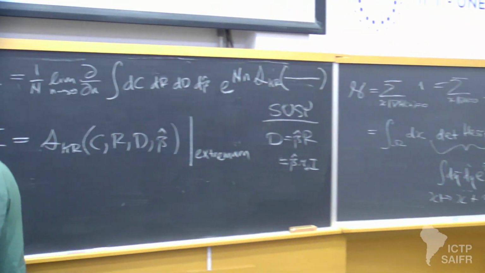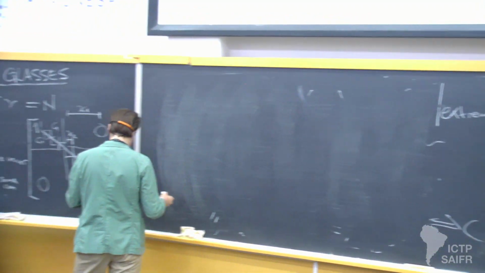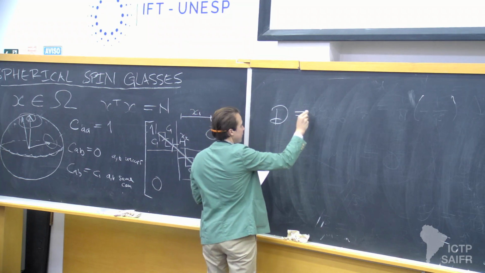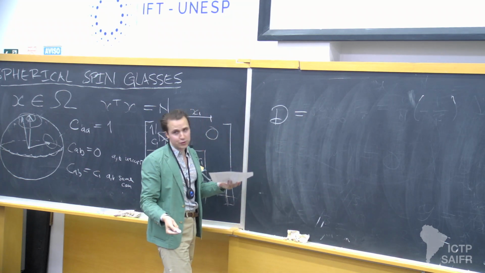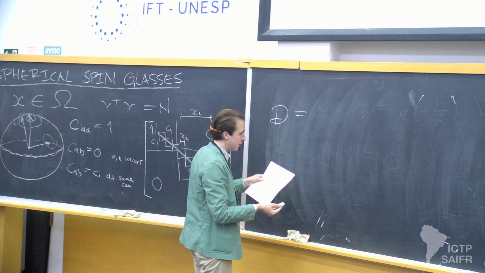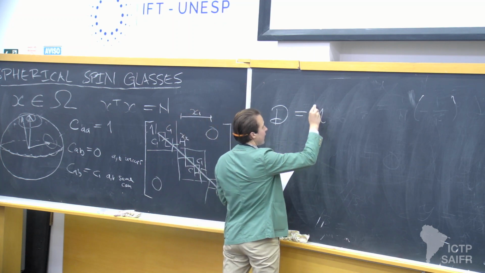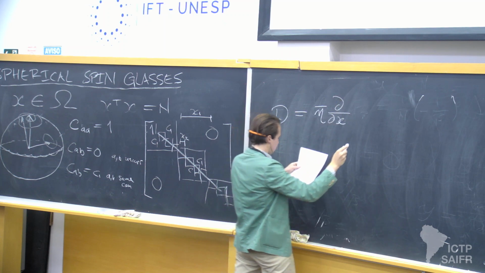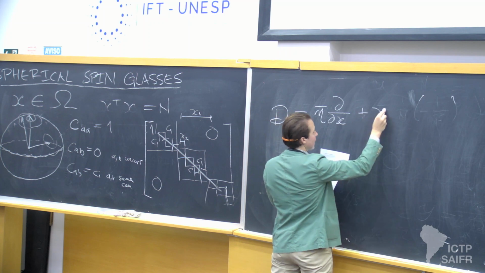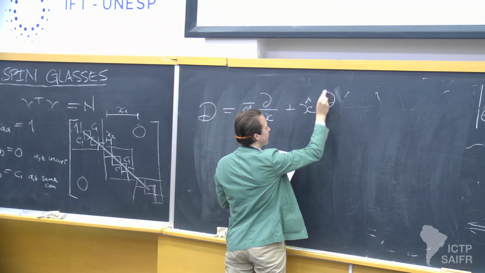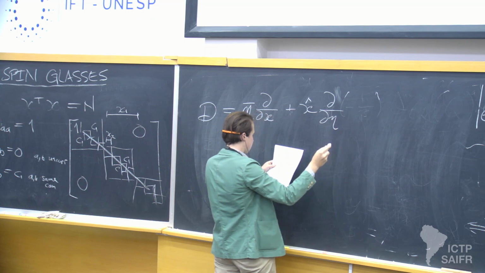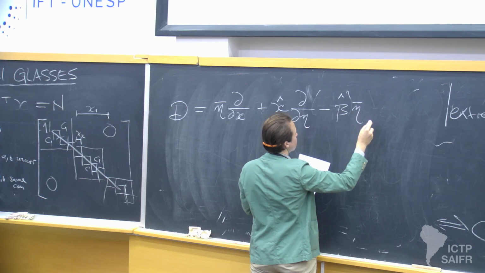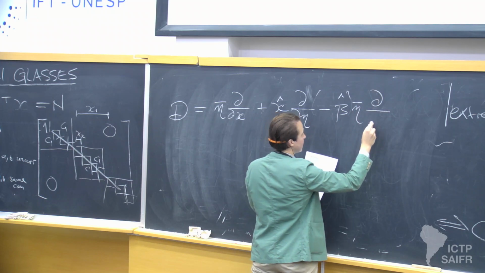And the transformation is some operator, which I've now reused as curly d, but it's traditionally curly d in BRST, which is given by eta bar times the differential with respect to x, plus x hat times the differential with respect to eta, minus beta hat eta bar times the differential with respect to x hat.